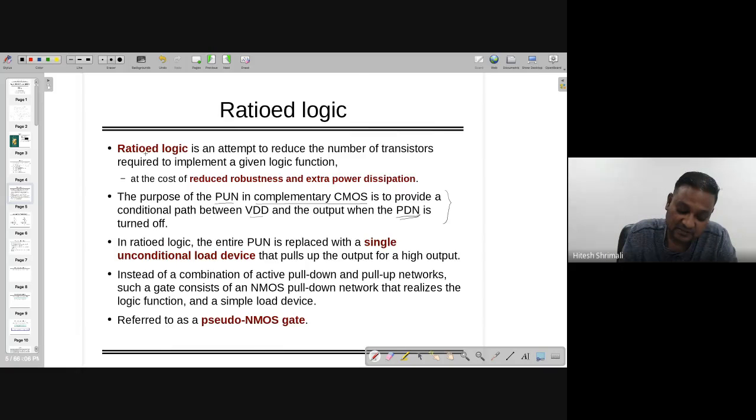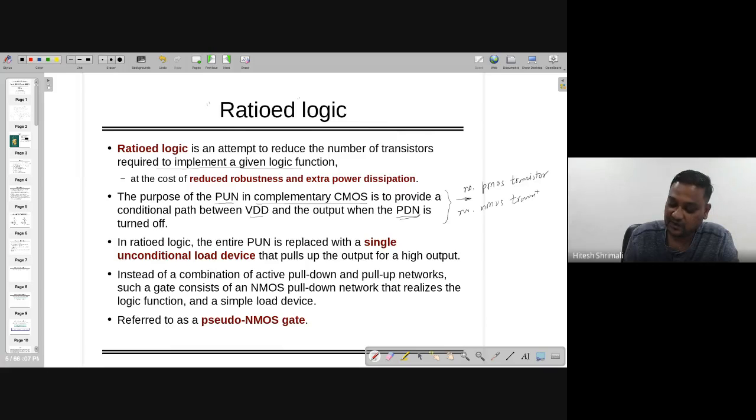The next one is also the ratioed one, where ratioed logic is an attempt to reduce the number of transistors required to implement a logic function. Now, if you remember this logic, as many PMOS transistors as there were, the same number of NMOS transistors, you have seen it, right?